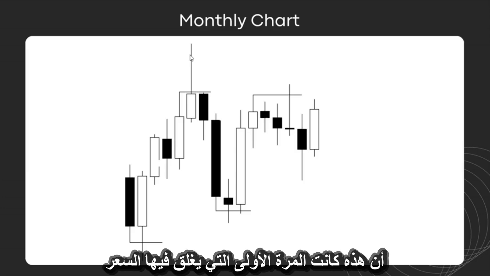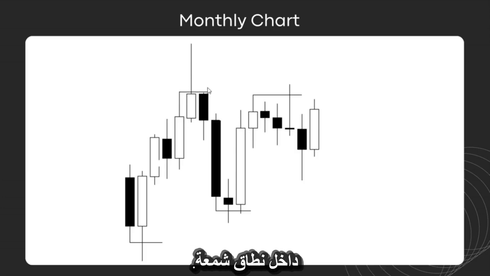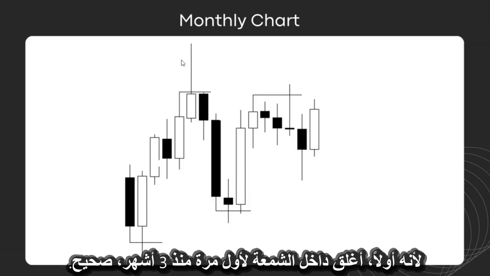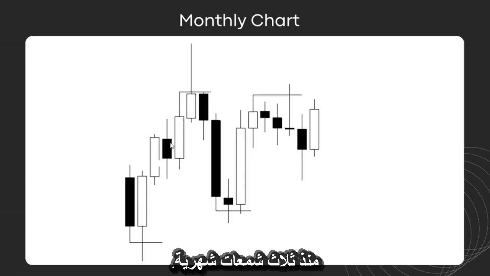Using the same principle, you see that this was the first time price closed inside a candle's range, right? You can see it right here, and it formed a huge wick. And you know what that means? It means that price has now shown bearish signs because, first of all, it closed inside the candle for the first time in 3 monthly candles.